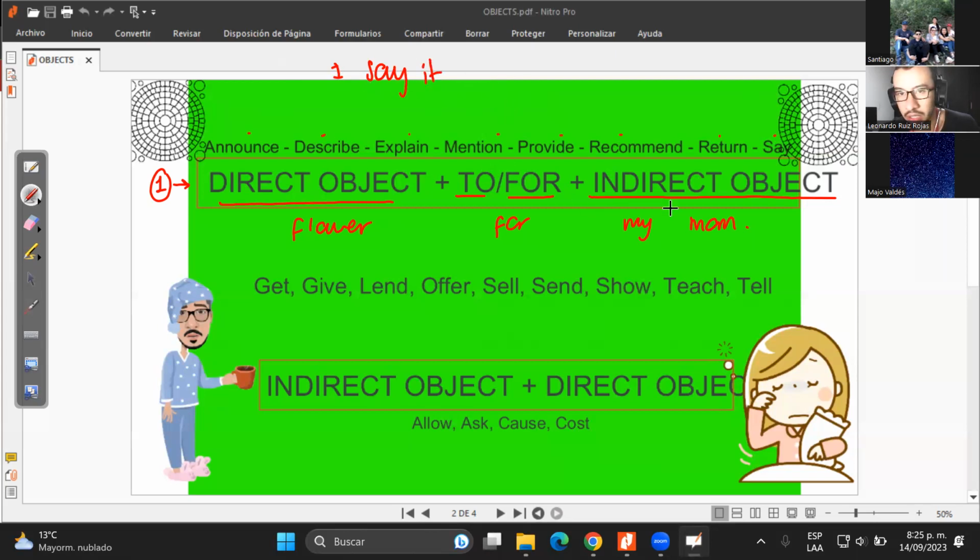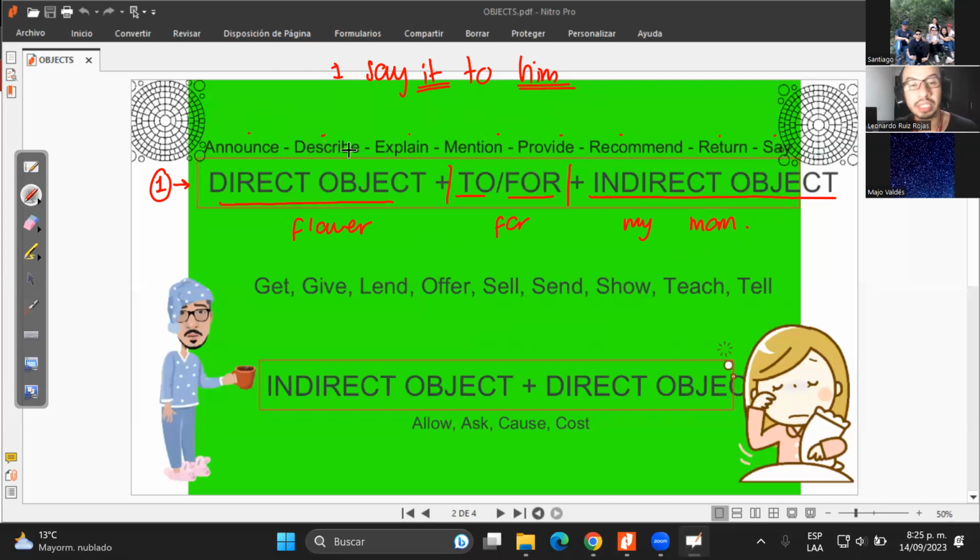It's not necessary to include the second part. But if I want to include the other person, I can do it, including the preposition to or for. I say it to him. The it is the information that I said, which is the direct object, and him is the person receiving the information, the indirect object, right?